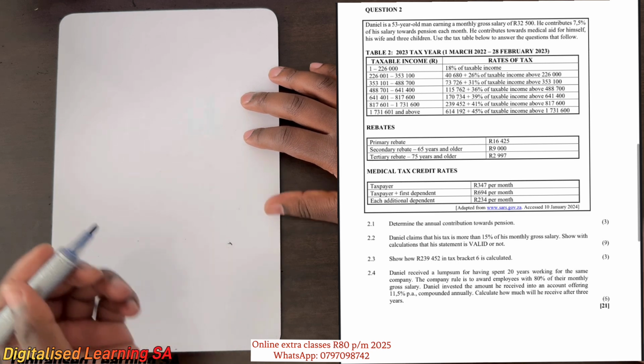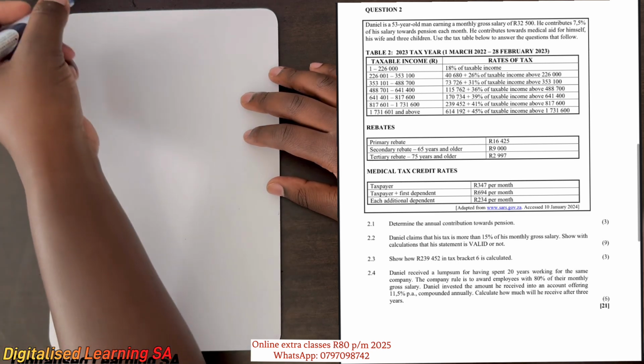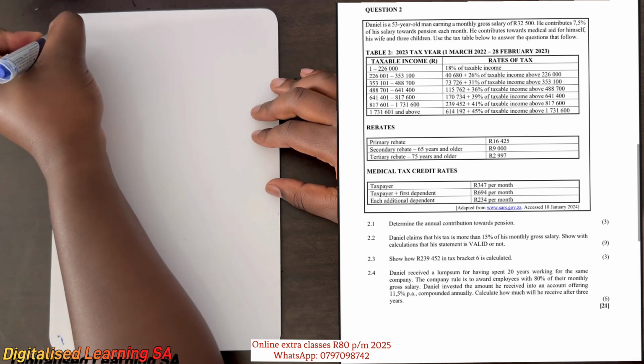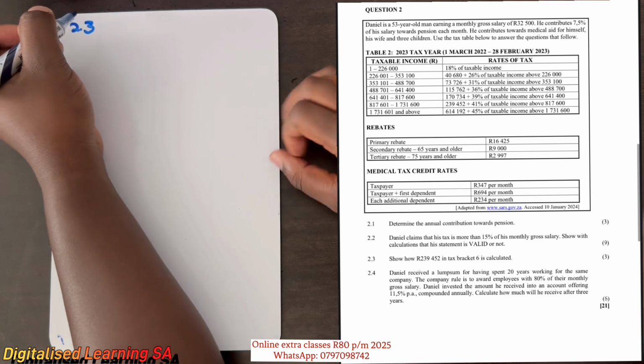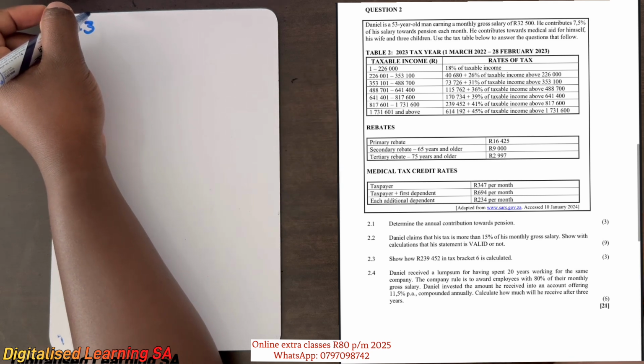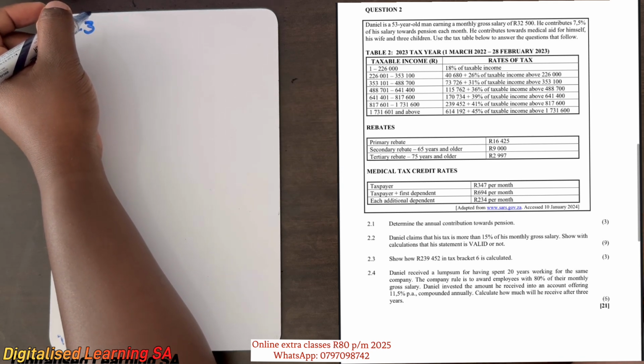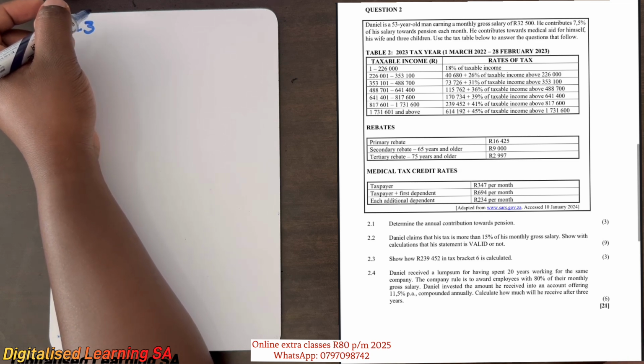Okay, so now let's move to question 2.3. So 2.3 says to show how 2,396,452 in tax bracket 6 is calculated.